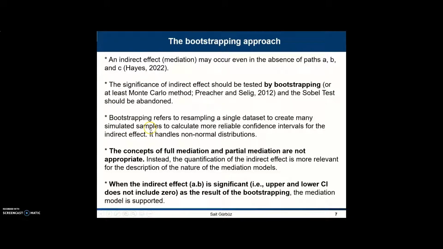Also, based on this approach, the significance of the indirect effect or mediation effect should be tested by bootstrapping instead of Sobel tests. Bootstrapping basically means resampling a single data set to create many simulated samples, to calculate a more reliable confidence interval for the indirect effect.